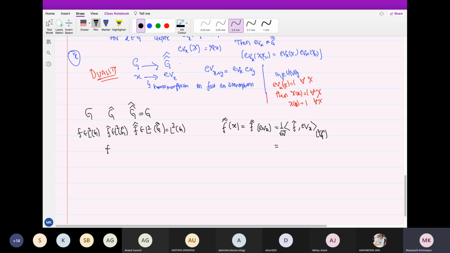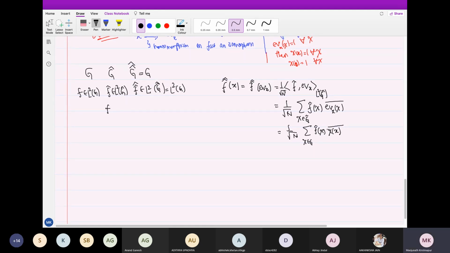But what is this, f hat inner product with EV_x? This is 1 over square root n, sum over chi in G hat of f hat of chi times EV_x at chi, conjugated, which is nothing but f hat of chi and chi of x, conjugated.